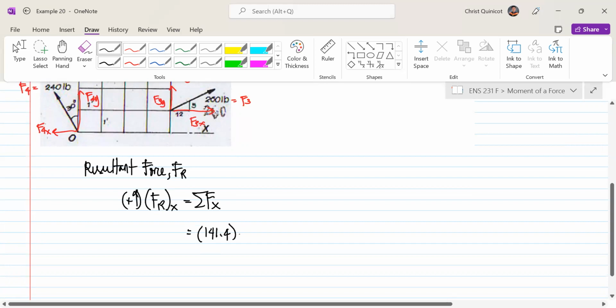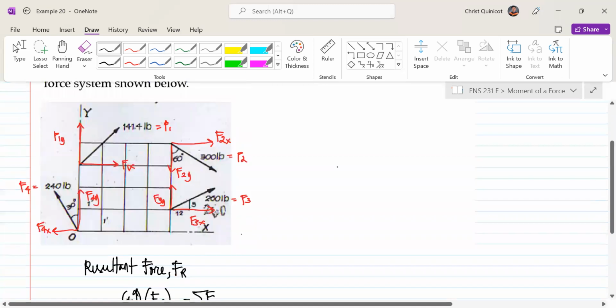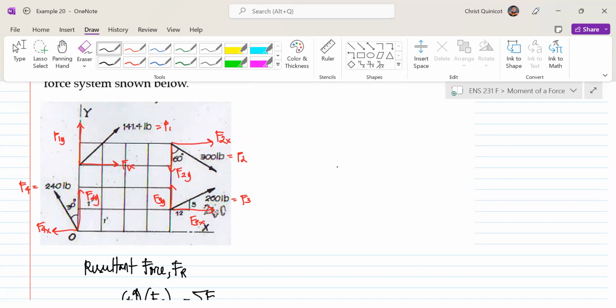141.4 pounds. Now for its ratio, take note again that each cell is 1 by 1. So this is 1 and this is 1. 1 squared plus 1 squared, that's 1 plus 1. So its hypotenuse is square root of 2. For in here, we have 5.